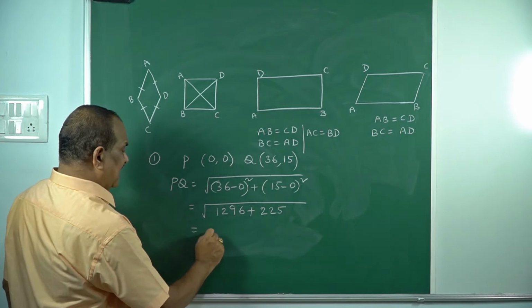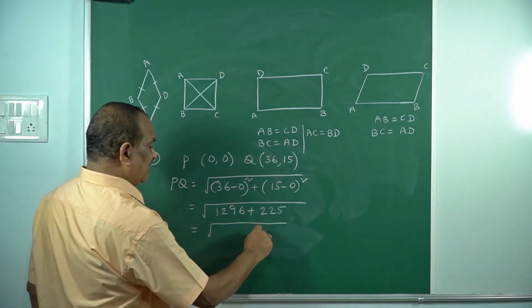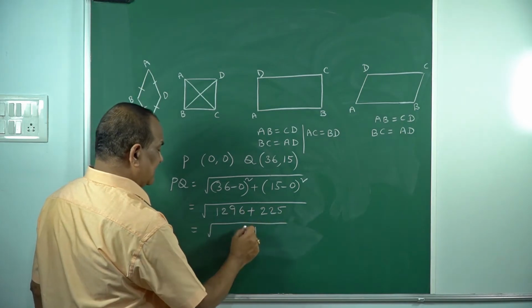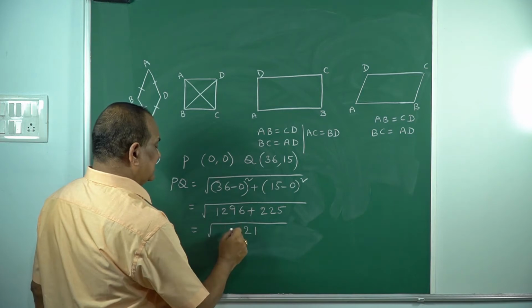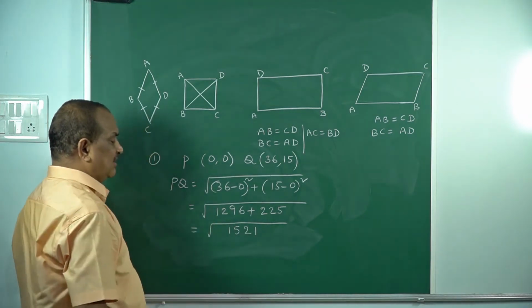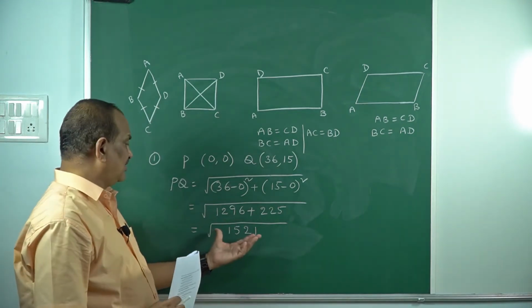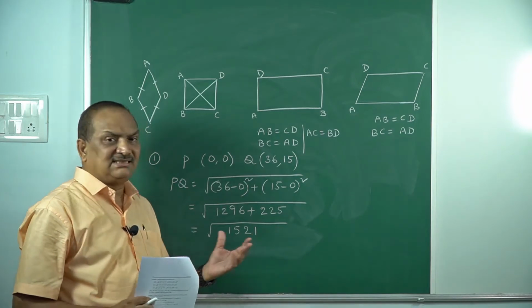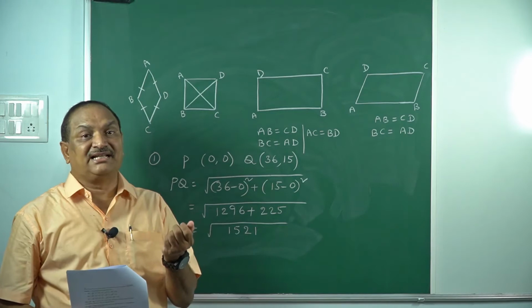And if I add these two numbers, 1296 plus 225, this is what we have got: 1521. Of course, I just need to find the square root of this one. I will find that the square root of 1521 is 39.